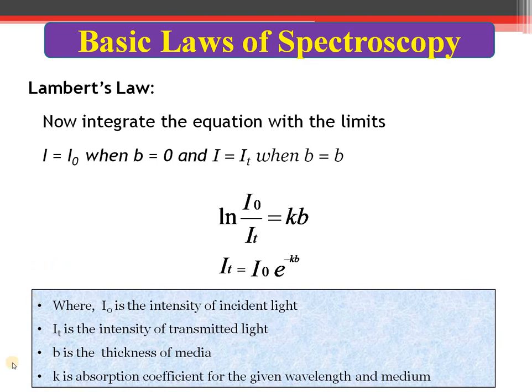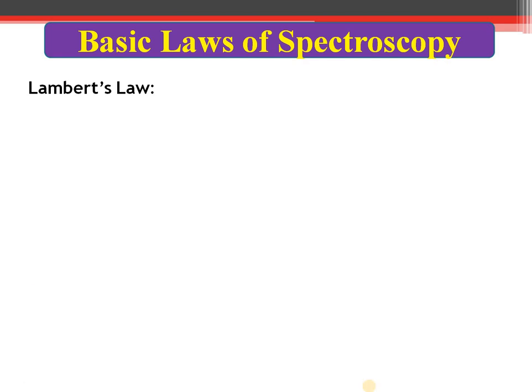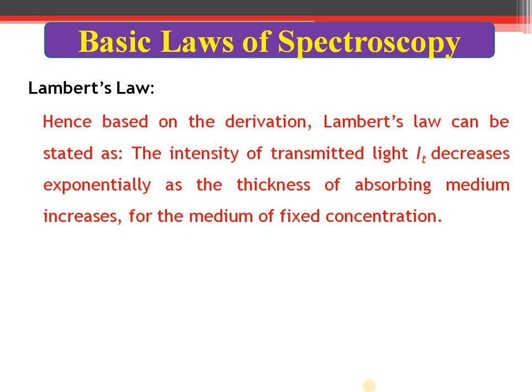In this equation, I0 is the intensity of incident light, IT is the intensity of transmitted light, B is the thickness of media, while k is the absorption coefficient for a given wavelength and medium. Based on this derivation, Lambert's law can also be defined as: the intensity of transmitted light IT decreases exponentially as the thickness of the absorbing medium increases for a medium of fixed concentration. So that is Lambert's law.